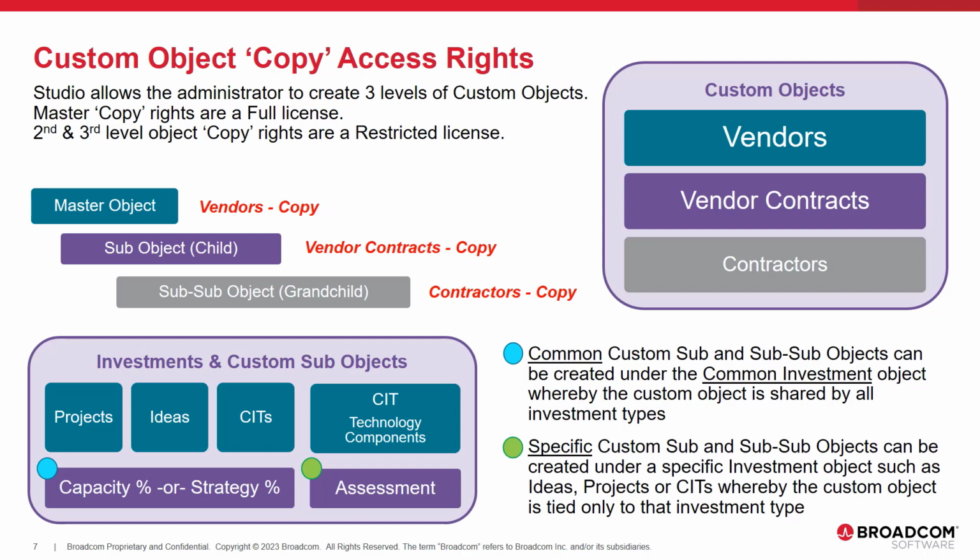You also have the ability to define a particular custom subobject directly under a specific investment type. So in my data set, I have a custom investment type called Technology Components, and under that I have a subobject called Assessment, and this is not shared between the other investment types such as projects, ideas, or other custom investment types.